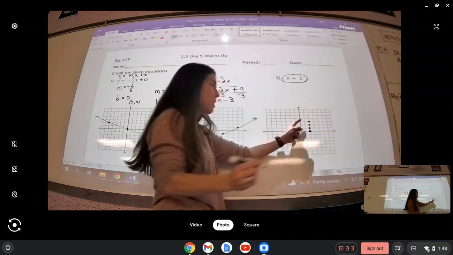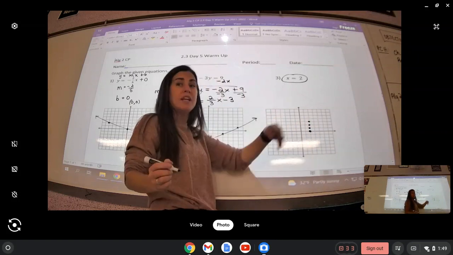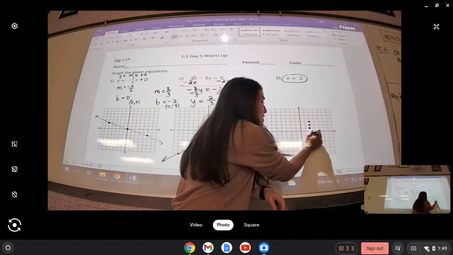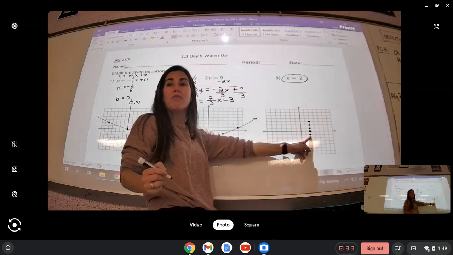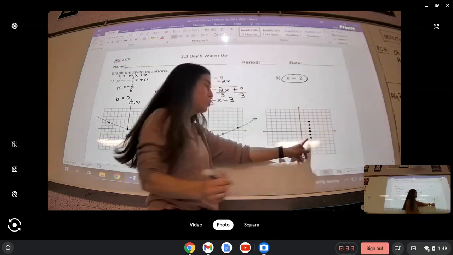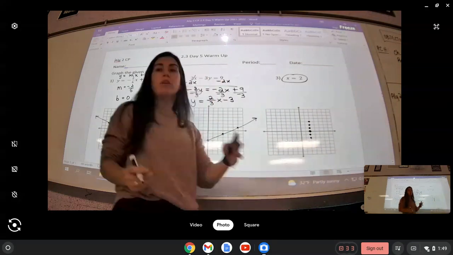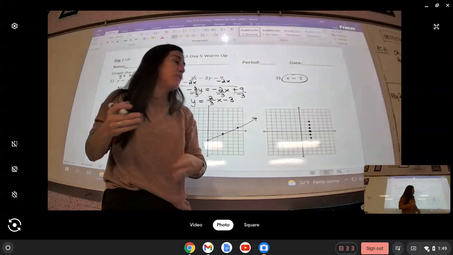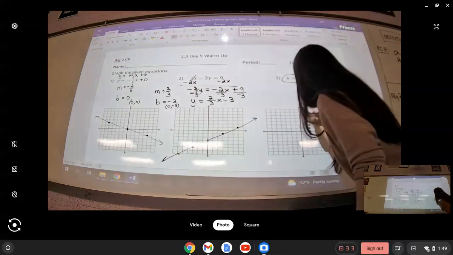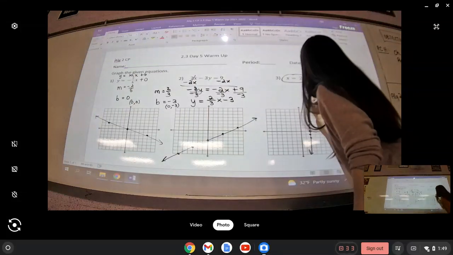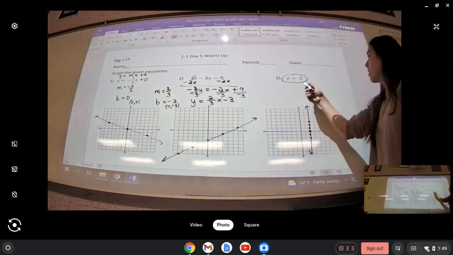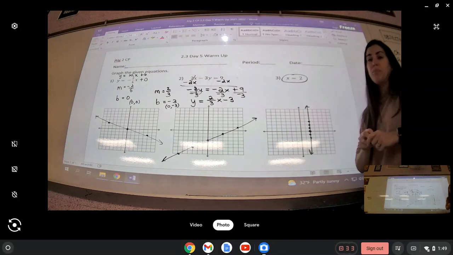I can put a dot right here. That's the point 2, 3. The x coordinate is always 2. I can even go down. That's the point 2, negative 1. This is the point 2, negative 2. So as long as x has to always be positive 2, it's going to create a vertical line. And then there's the graph of the equation x equals 2.